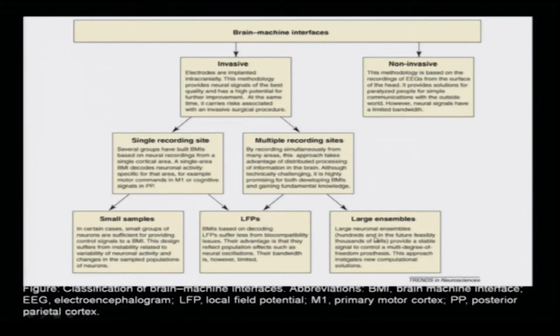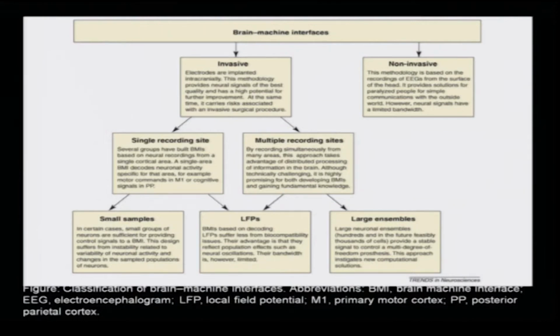Then you have the large ensembles, and then you have the completely non-invasive process of EEGs, electroencephalograms, about which we have talked about the different kinds of waves which are involved in it, alpha waves, gamma waves. That is where we are decoding that information from the brain using the surface electrodes or the electroencephalograms.